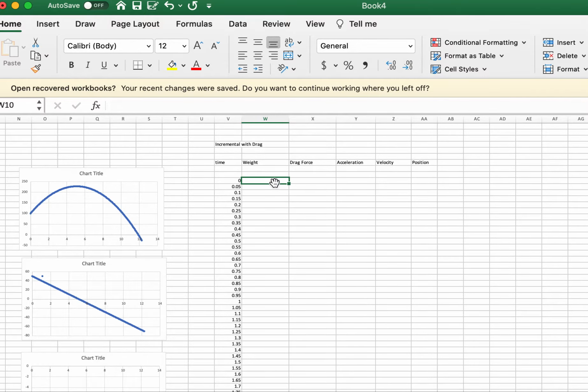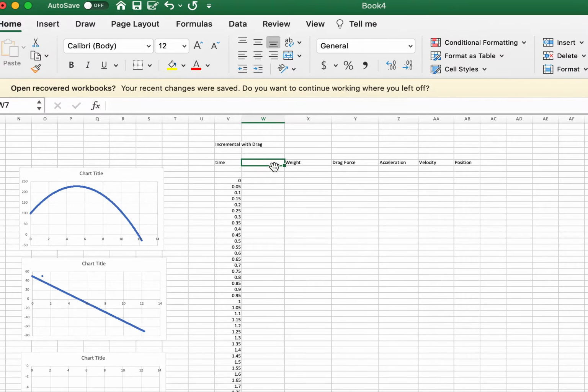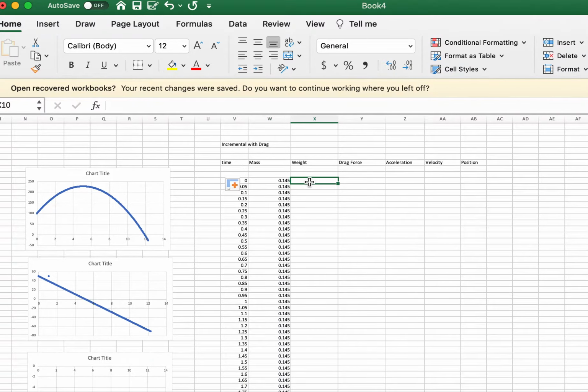Now, you may want to make a column with your mass, perhaps, because now the mass matters. It's just going to be a constant. I think they said 0.145 kilograms.